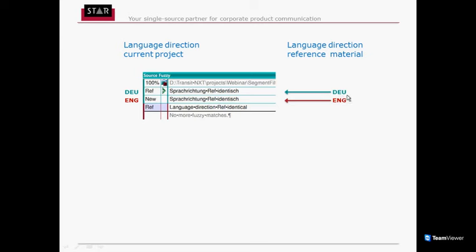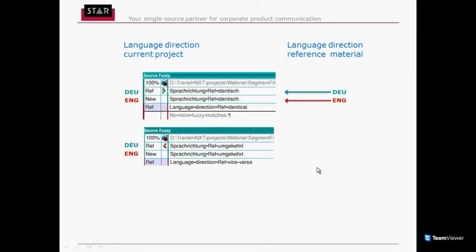This means that German was also the source and English was also the target. The next situation is like this. If you see this little symbol, the language direction in the reference material was vice versa.